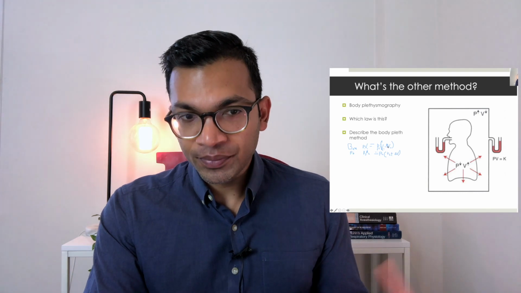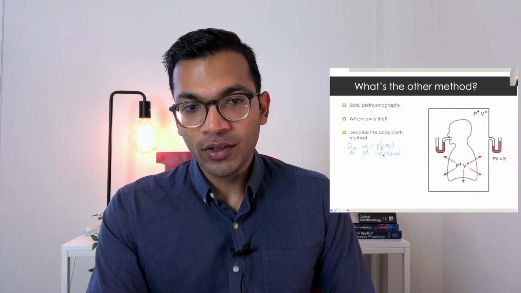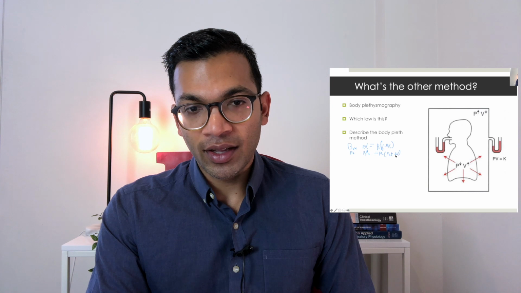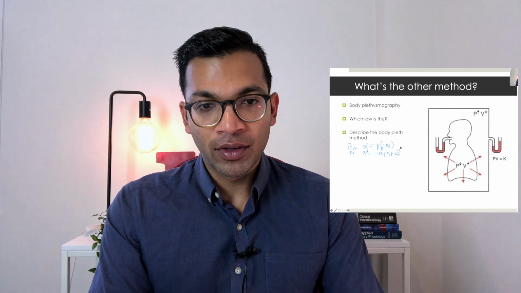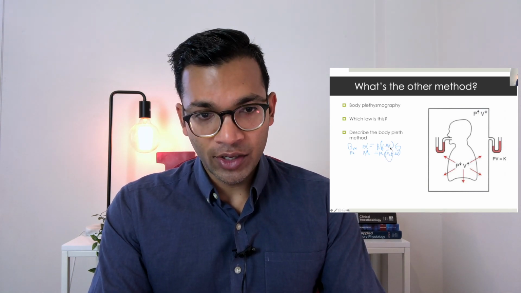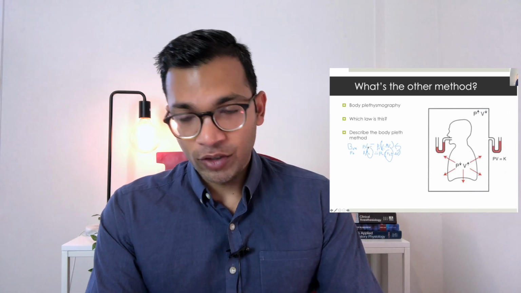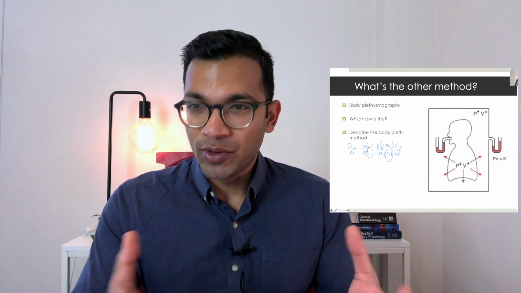And then the patient, again, I've got a measure of P3. I don't know V2. I know P4. I know the change in volume because I got this from this equation here. So now I've only got this one unknown, which I can solve for. So to answer the question, it would make no sense to me to extend this more than what I've described there.